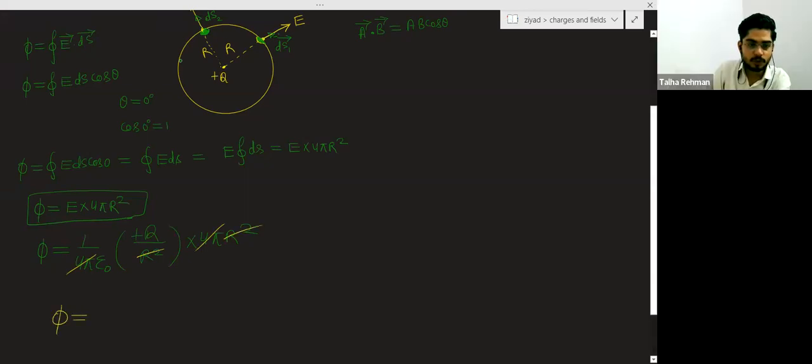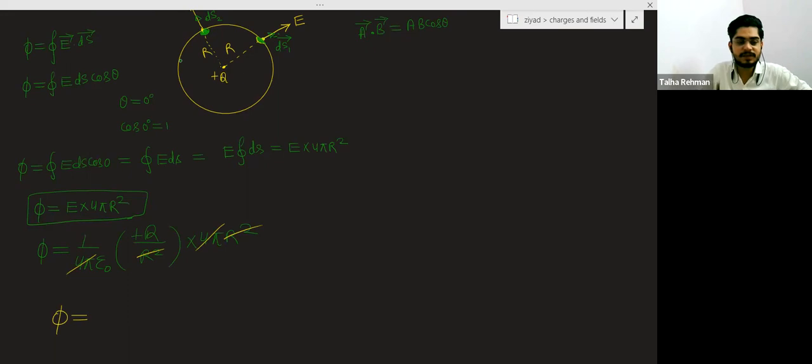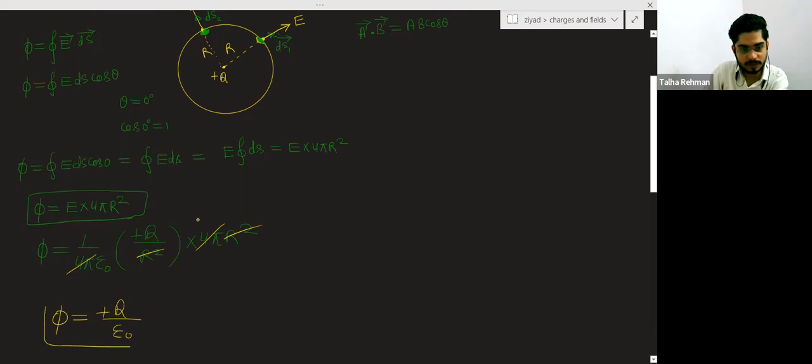So the total electric flux through this spherical surface will be plus q divided by epsilon naught. This is what I had left.